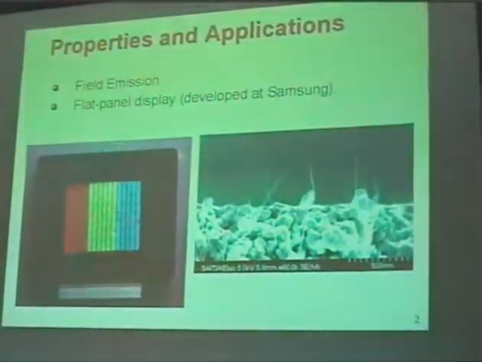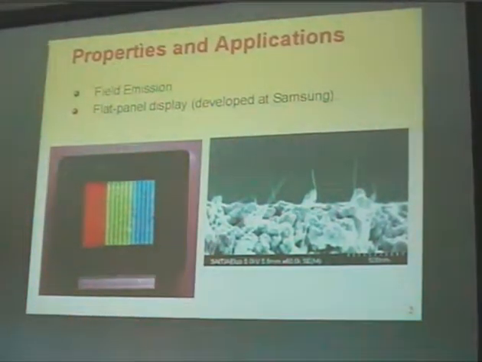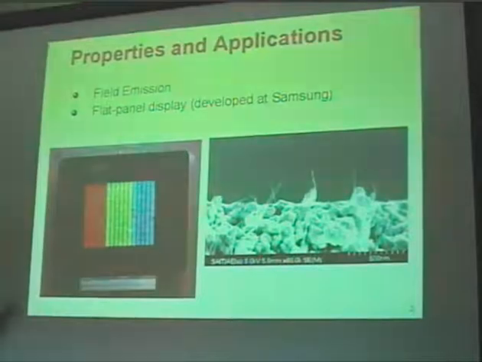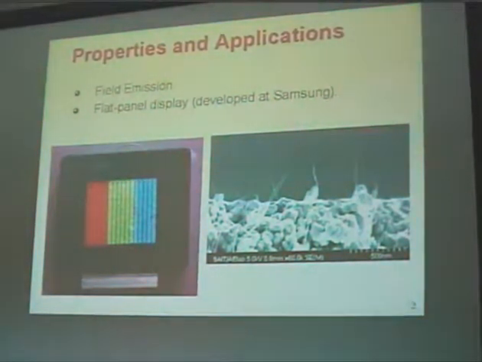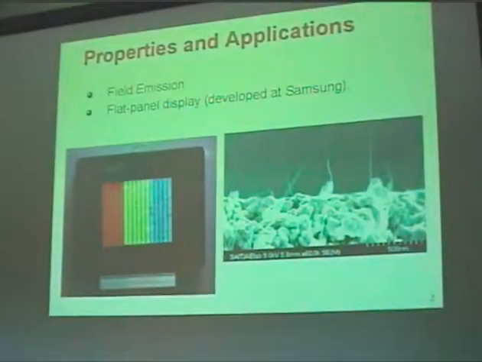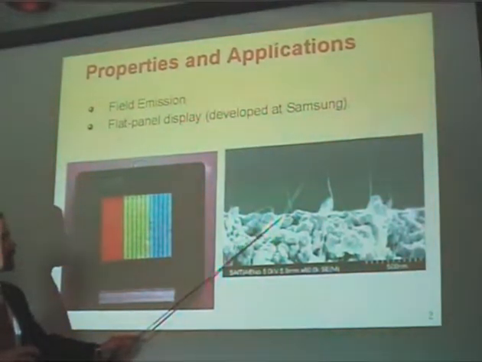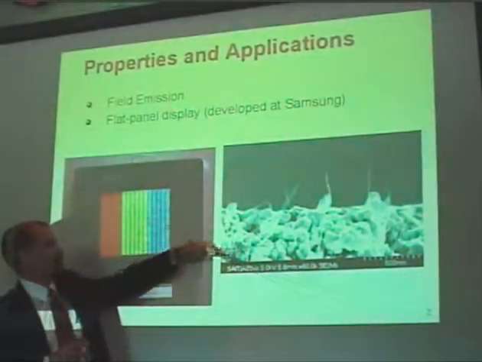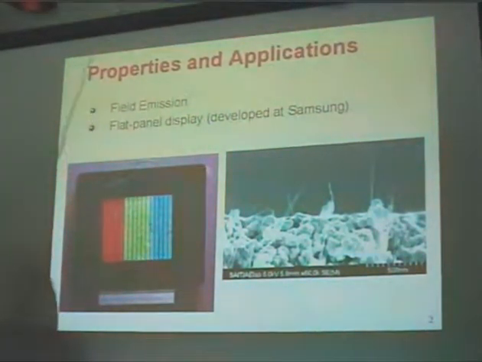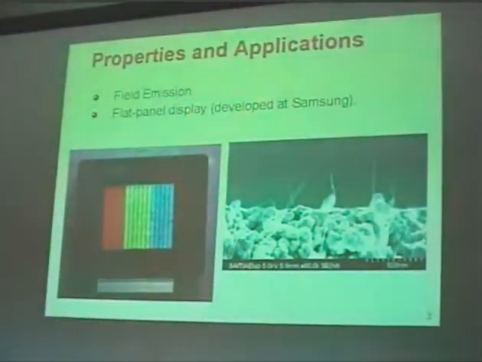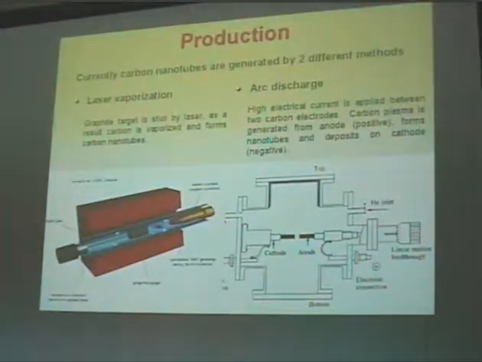And probably the application that's going to have a commercial result soonest is field emission for the production of flat panel displays. Since nanotubes have a high aspect ratio, with low voltage you can have very high emission. So we can have flat panels with very low voltage application, with very high brightness and effectiveness.